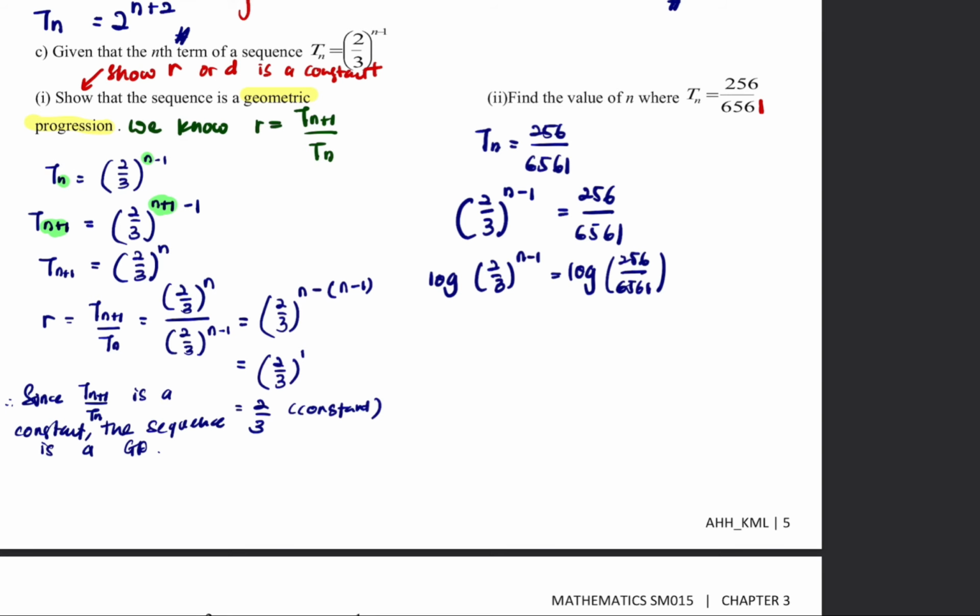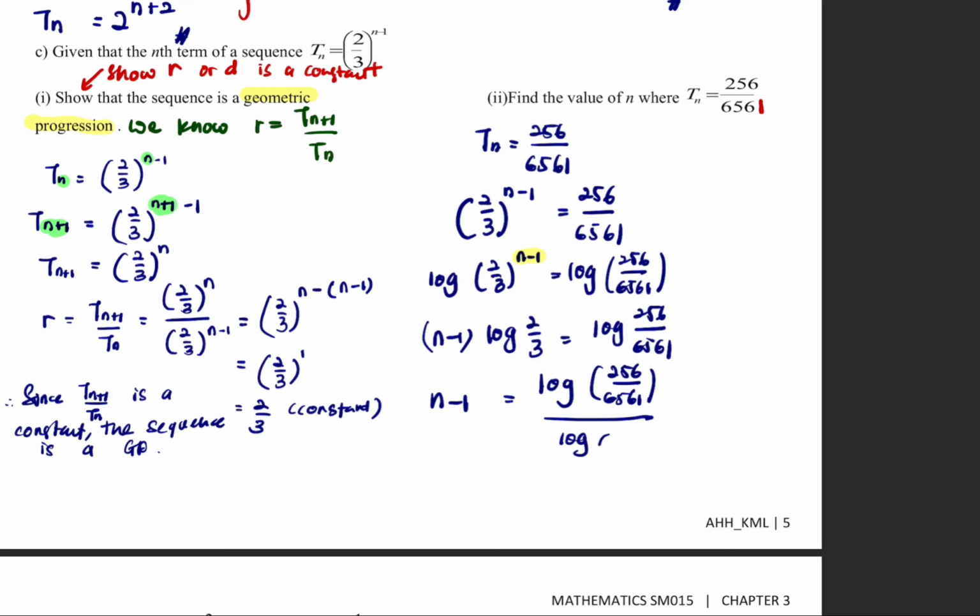And then macam biasa, the power we bring in front, n minus 1 bawa ke depan, (n-1) log 2/3 equals to log 256/6561. And then we have n minus 1 is equal to log (256/6561) divided by log (2/3).